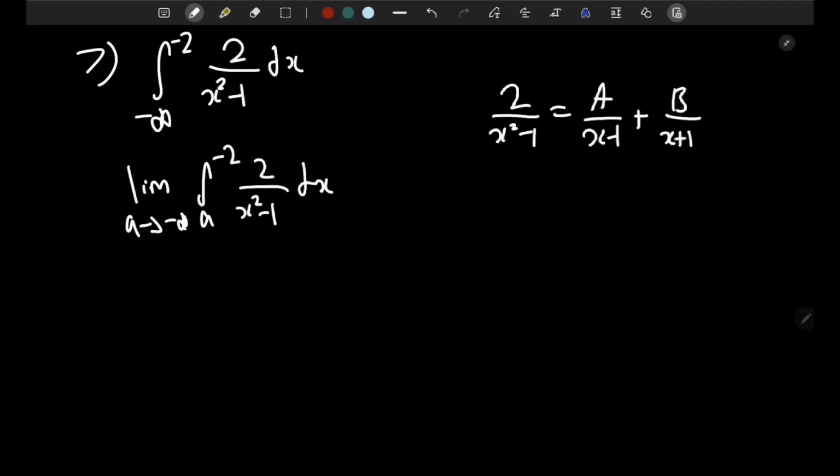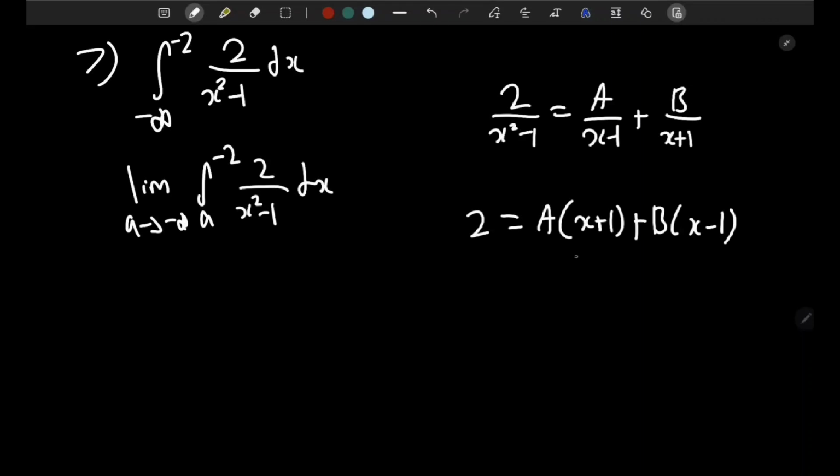And if you haven't watched my video on partial fractions, you can do that. I have covered partial fractions very deeply, and I'm just going to do it quickly right now. So it's going to be 2 equals a into x plus 1 plus b into x minus 1.